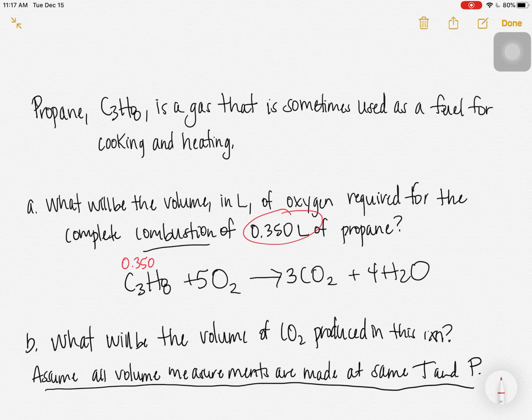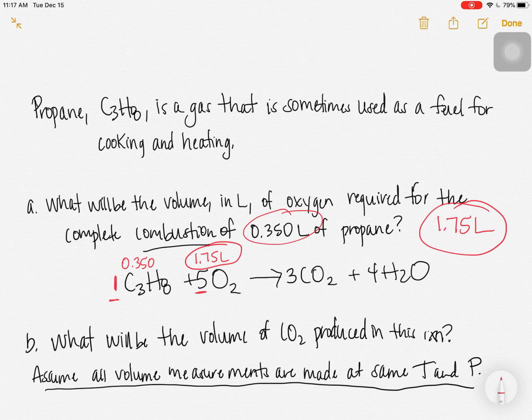If I know that I have 0.35 liters of propane, I can just write a sequence with this number. It's been a while since we've done this, but from 1 up to 5, I have to multiply 0.35 times 5. And I get 1.75 liters. And that, in fact, is my answer. That's all I had to do.